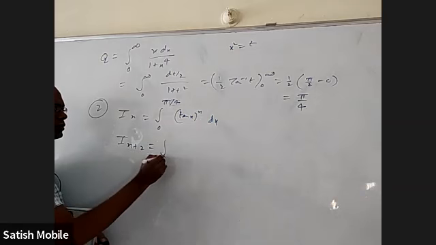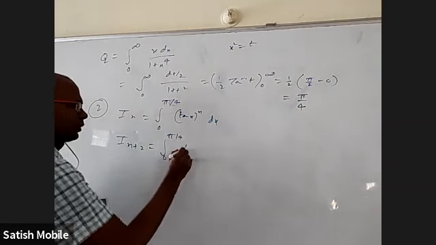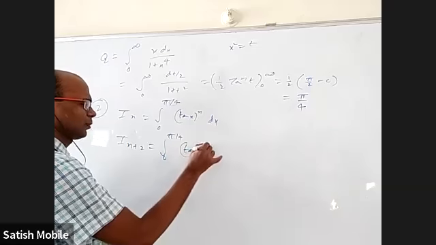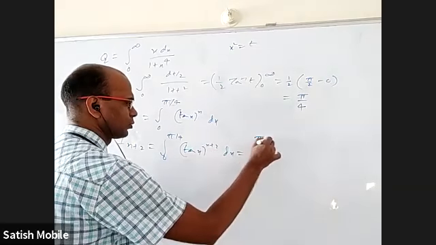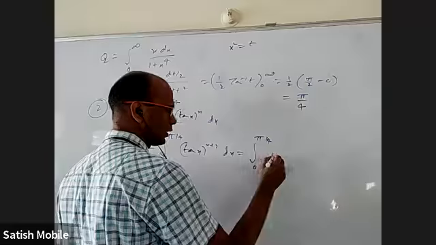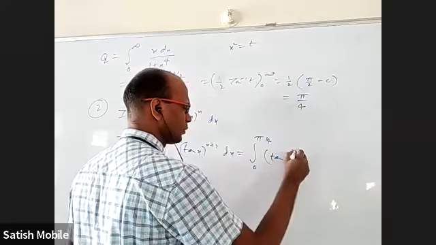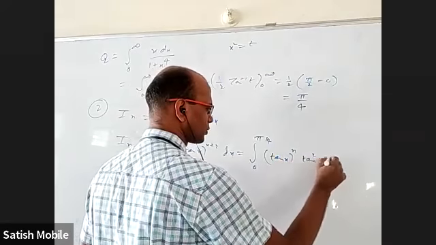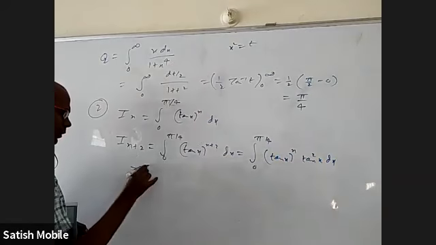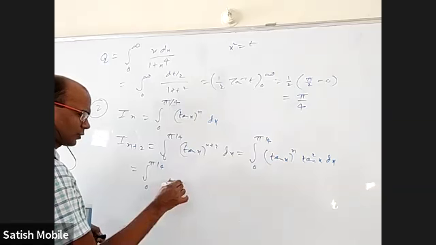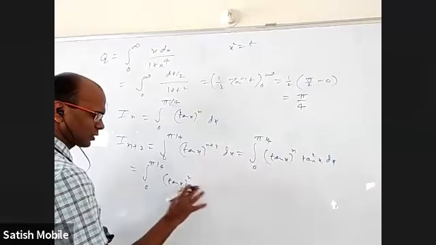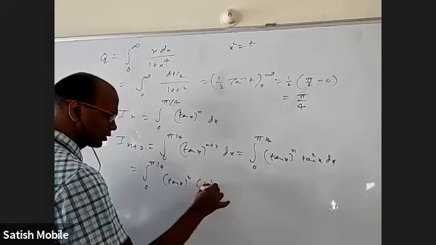In plus 2 is 0 to pi by 4 tan x whole power n plus 2 dx. You can write that as tan x whole power n into tan square x dx. 0 to pi by 4 tan x whole power n as it is. You can write tan square x as secant square x minus 1 dx.